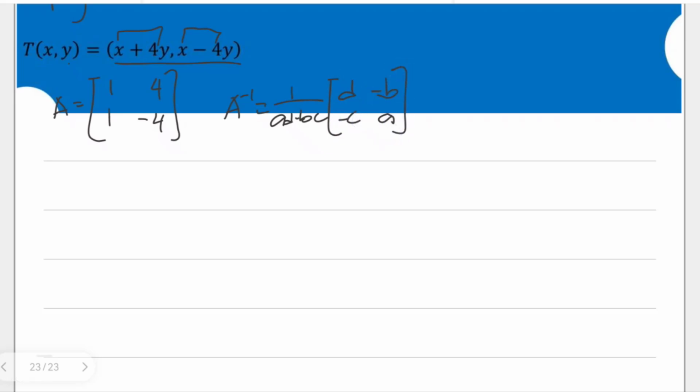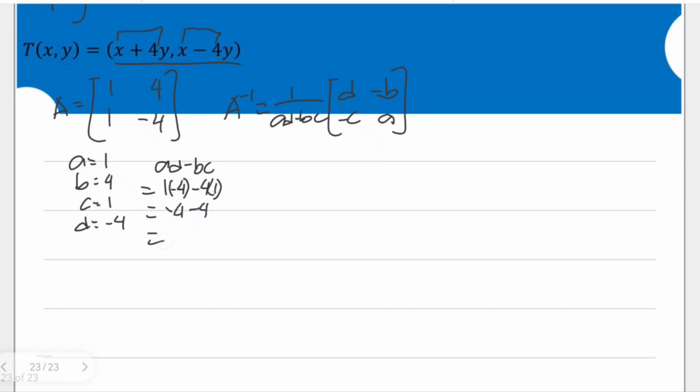Solving for our A is 1, B is 4, C is 1, D is negative 4. So AD minus BC can be solved as 1 times negative 4 minus 4 times 1. You will have here negative 4 minus 4, negative 8. So AD minus BC, our determinant, is negative 8.